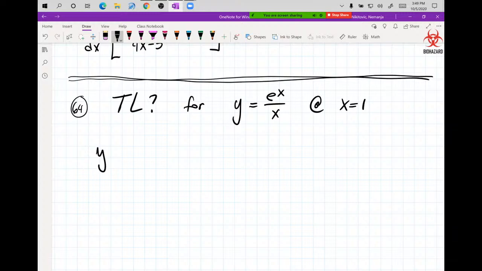So we need our y prime first, and that's going to be the quotient rule. So square the denominator, put it up as is, derivative of the top, which is e to the x, minus, copy the top, e to the x, derivative of the bottom, which is 1.